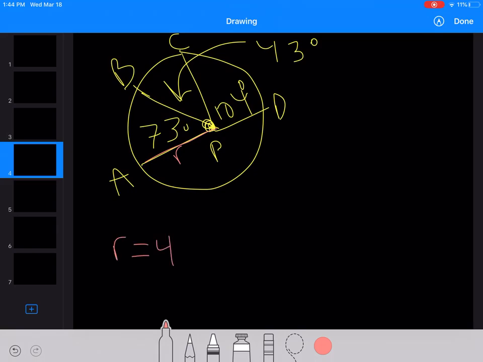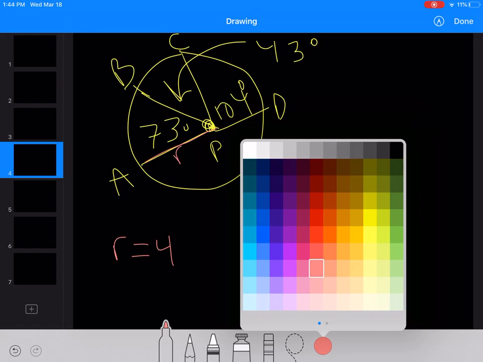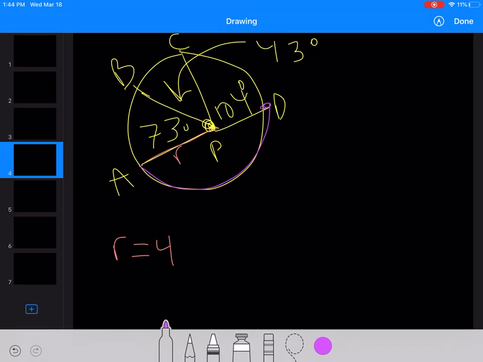First of all, let's figure out the measure of AD. It's not drawn to scale, so it's not going to be 180 degrees here. It looks like it's 180 degrees, but let's just do that calculation.